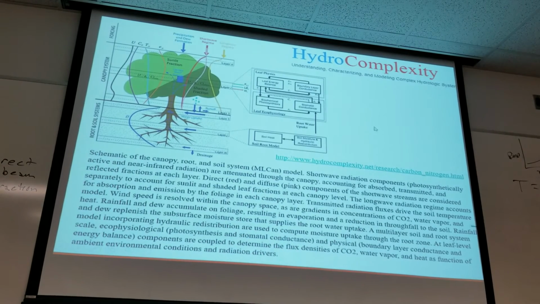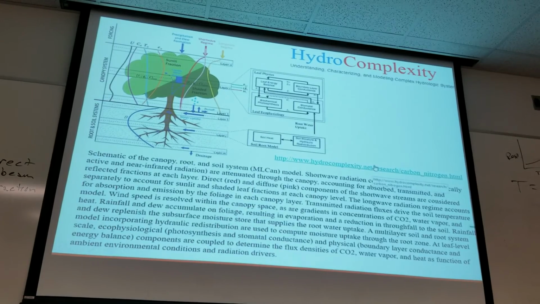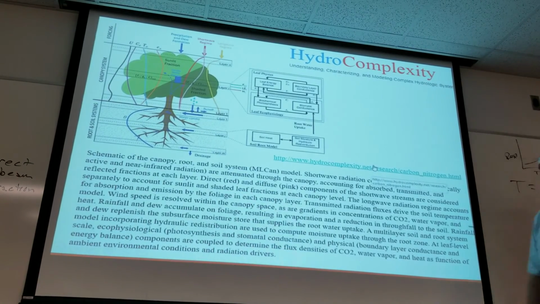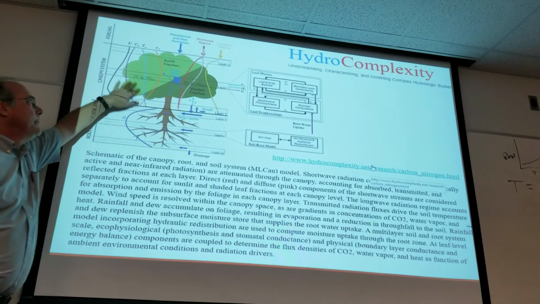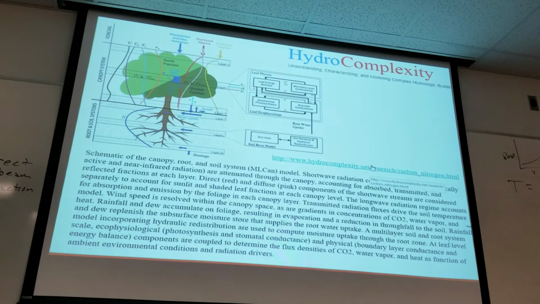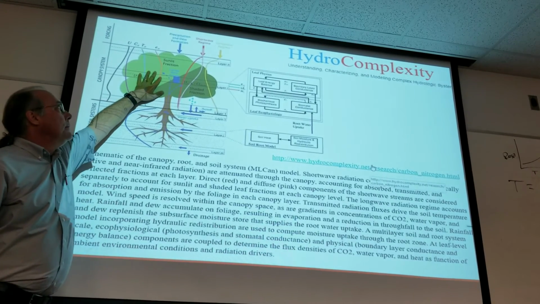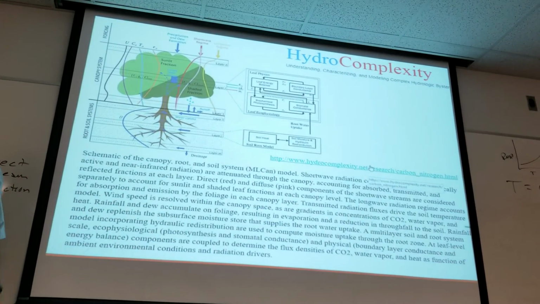Hydrocomplexity. So here's another one that's a similar approach. Schematic of the canopy, root, and soil system model. So it's a similar microclimate type model that allows you to predict what's happening with the vegetation here in the canopy, to look at things like water use and CO2 uptake.